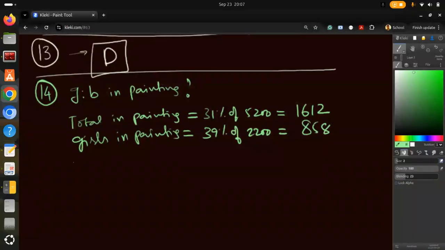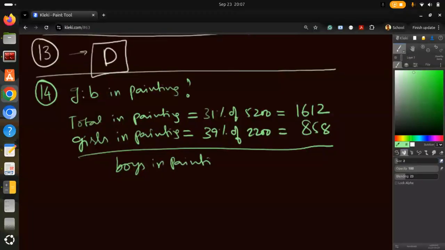Okay. Now from this I can get boys in painting, which is simple subtraction. 1612 minus 858: borrowing, 15 minus 8 is 7, and so on. 754 boys. I did not use a calculator.